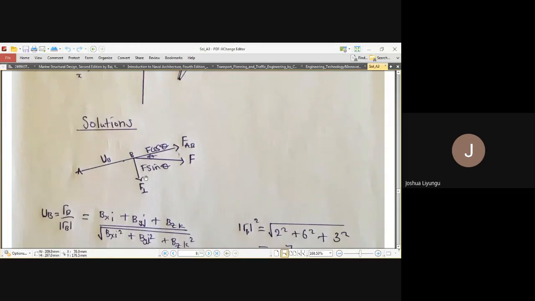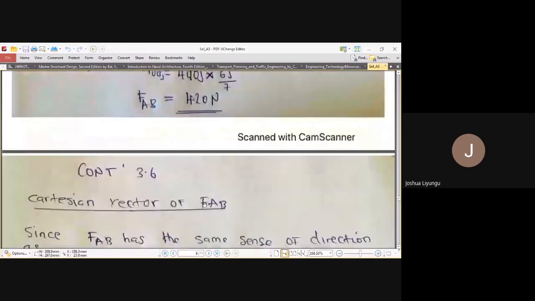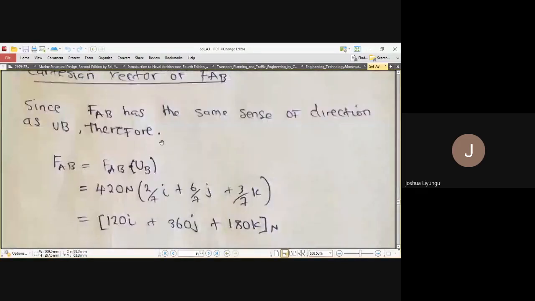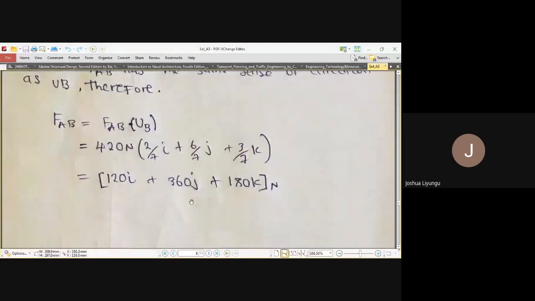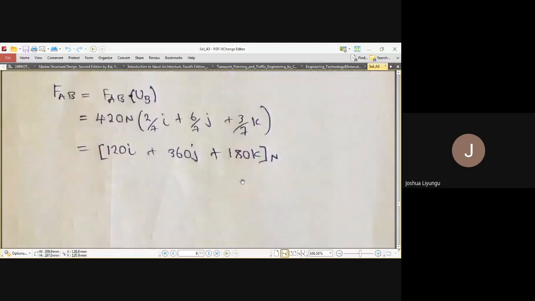Once you get the angle, we already need theta. Or you can use this method to find the magnitude of that force. At the end of this, you get the magnitude of this, that, and that.